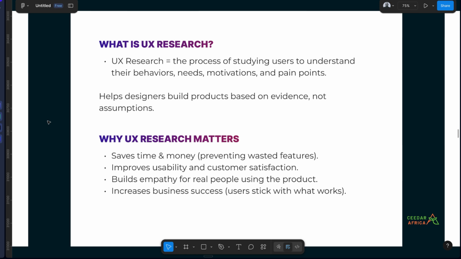You're making research to understand their behaviors, their needs, because you're trying to provide a solution to them, so you don't provide a wrong solution. UX research helps designers build products based on evidence and not assumptions.